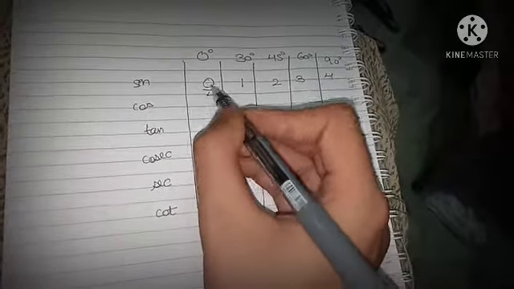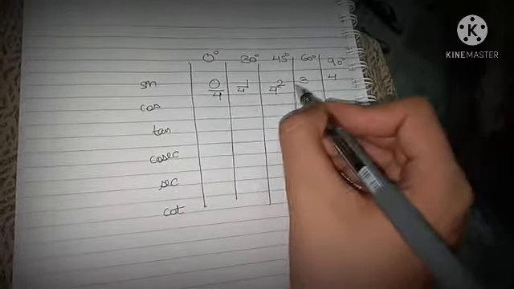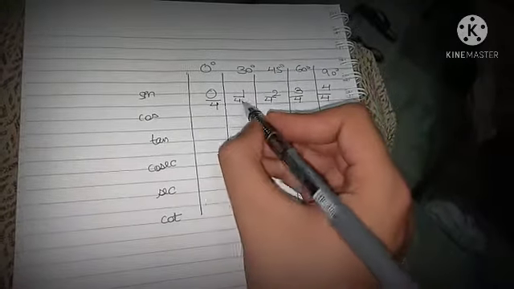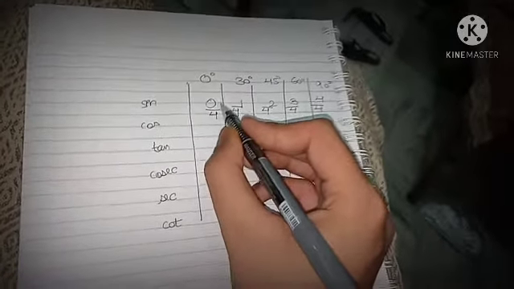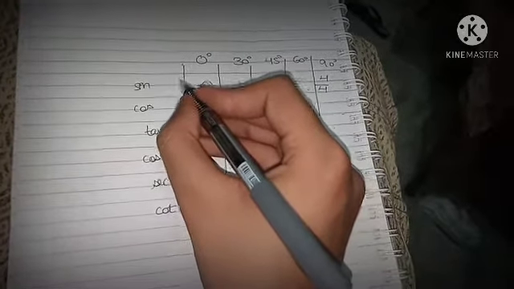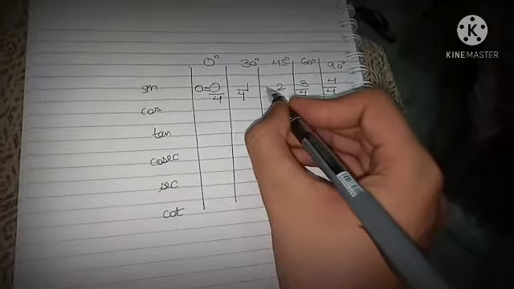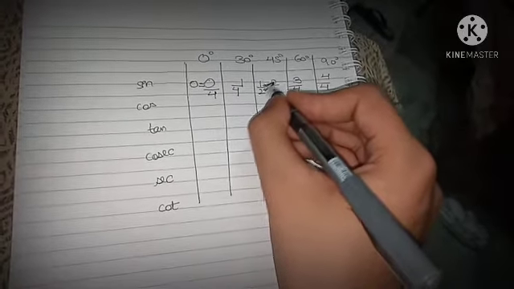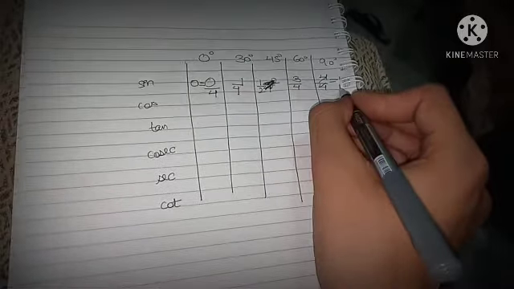So you get 0 by 4, 1 by 4, 2 by 4, 3 by 4 and 4 by 4. 0 by 4 is basically 0, 1 by 4 is simply 1 by 4, 2 by 4 comes out to be 1 by 2, 3 by 4, and 4 by 4 is 1.